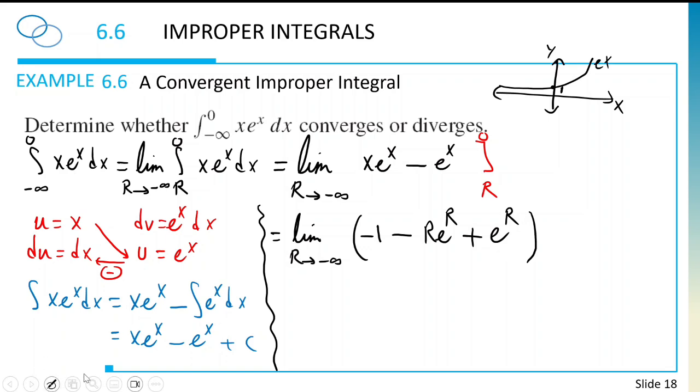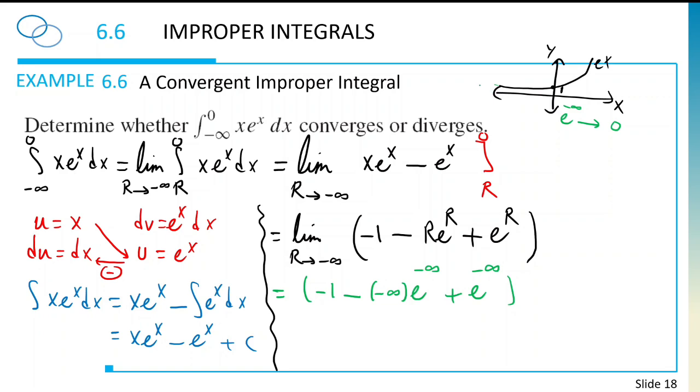Let's do the direct substitution here quickly. So if I do the direct substitution, just to check, it's negative 1 minus, here I'll do negative infinity, e to the power of negative infinity plus e to the power of negative infinity. Now if you look at the curve of the exponential function, you notice that e to the power of negative infinity, as x gets smaller and smaller, very small, this approaches 0.